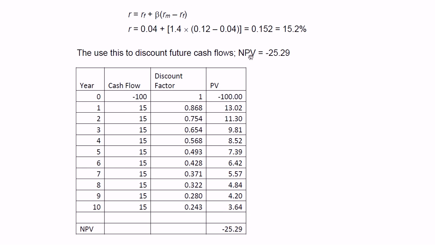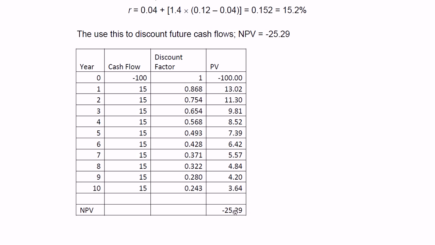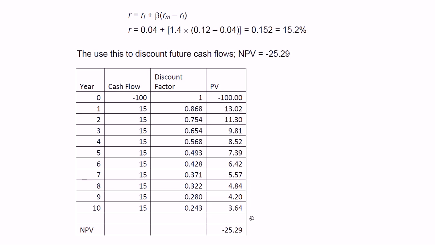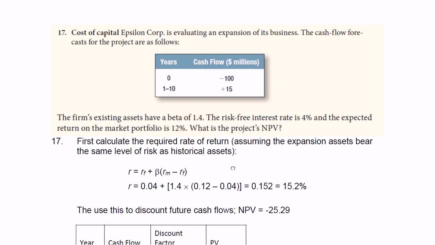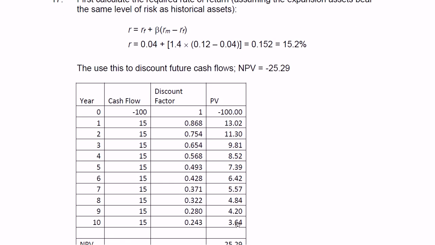So the first year is the initial investment, and in the following 10 years we see cash flows, and we get a negative net present value. So the firm actually shouldn't invest in this project.